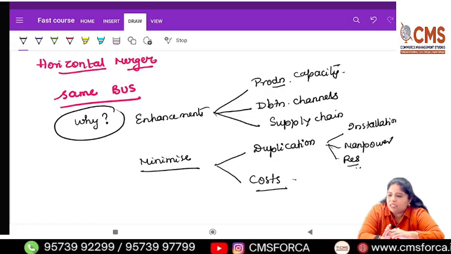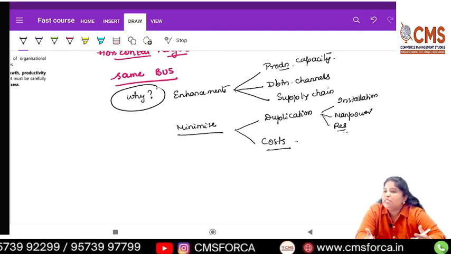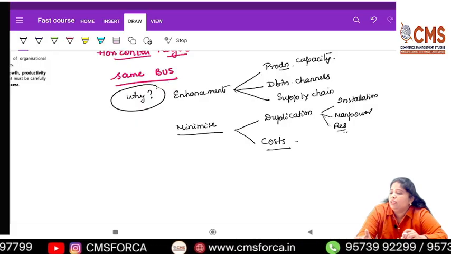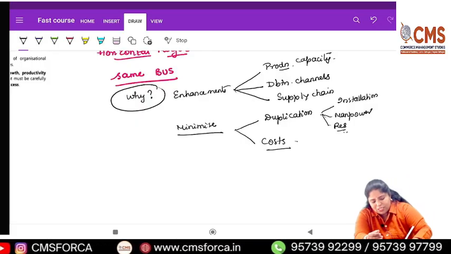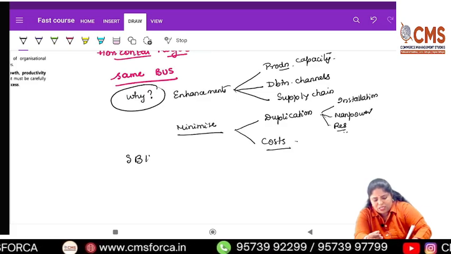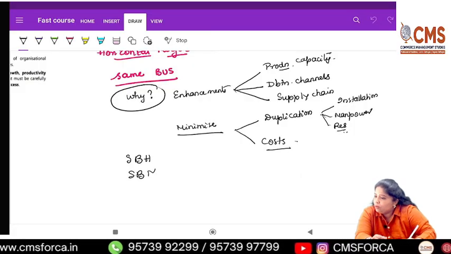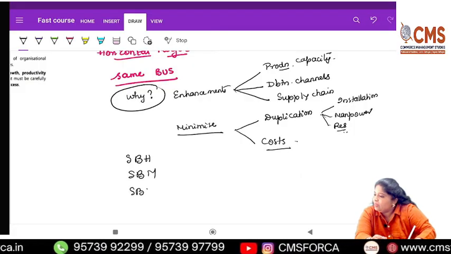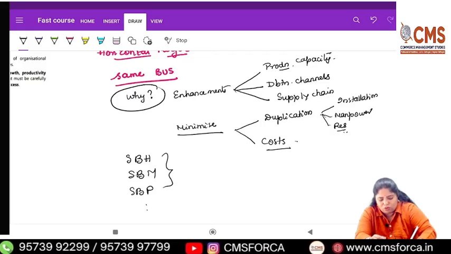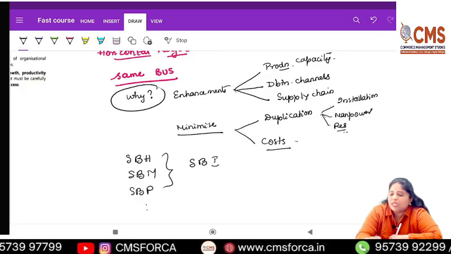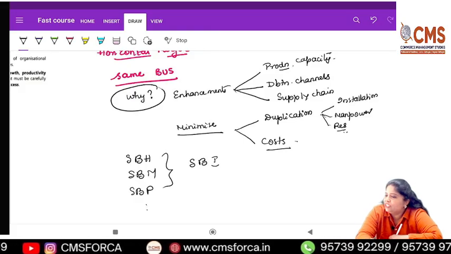Now, to give you the best example of a horizontal merger, which you can confidently quote in your exam: you must be aware there were State Bank of Hyderabad, State Bank of Mysore, and State Bank of Patiala, and so on. They all got merged into State Bank of India. So can I say this is a horizontal merger?